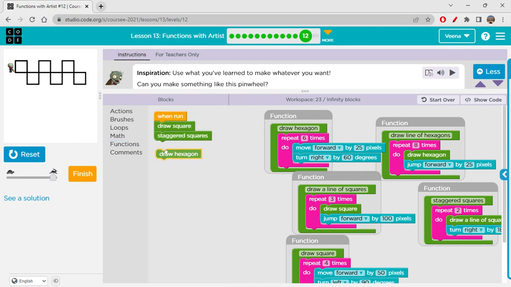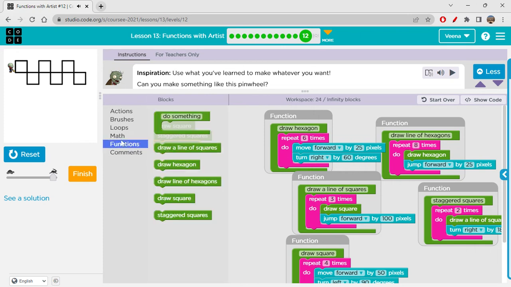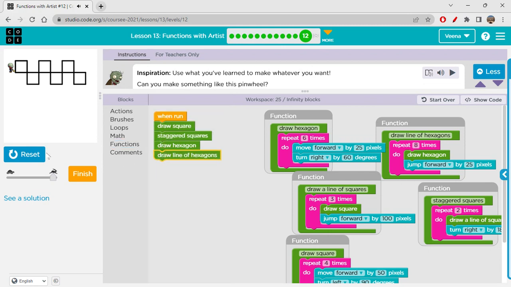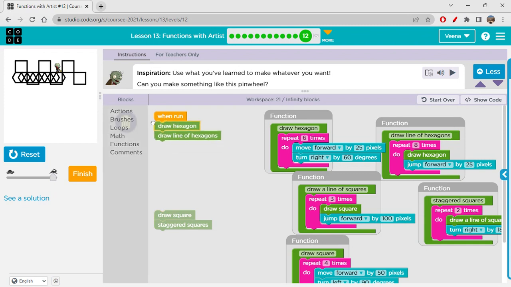Then let's use this draw hexagon. Then draw a line of hexagons. Okay. I'll just place it somewhere here. Draw hexagon, draw line of hexagons.